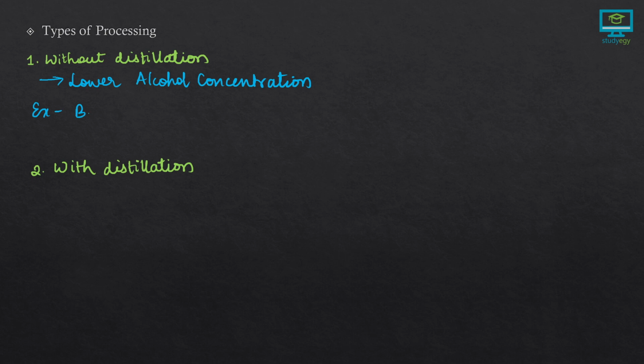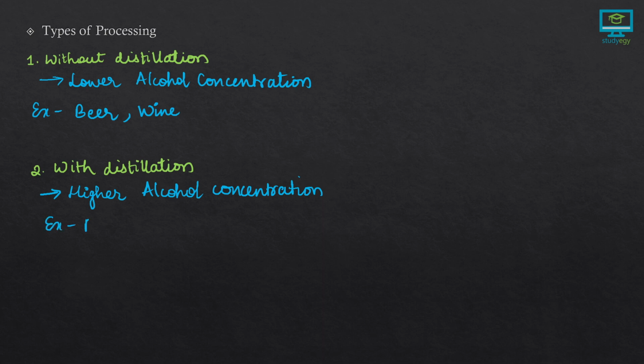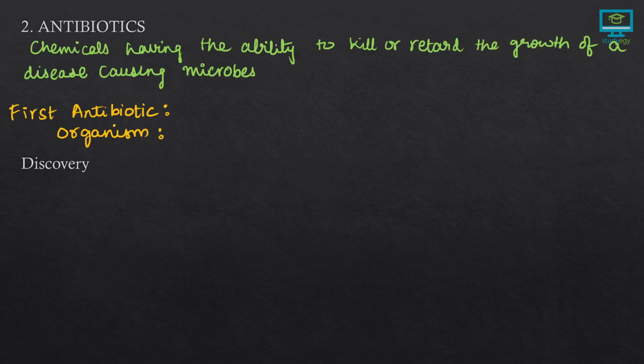Examples are beer and wine, and with distillation we get higher alcohol concentration. Examples are brandy, whiskey and rum, etc. So these are the main examples which we need to remember.